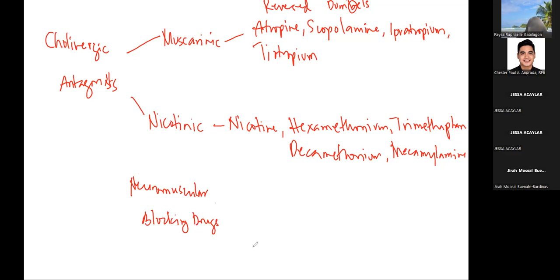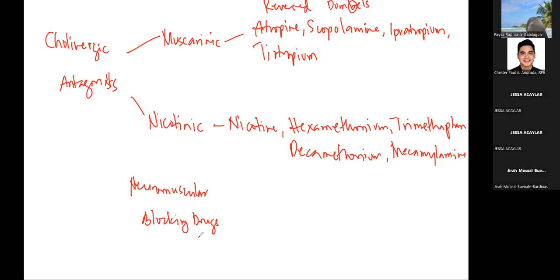So NM is the one at our neuromuscular junctions, that is what will be affected by these neuromuscular blocking drugs. Since acetylcholine does not only work on the muscarinic receptors, it also works on memory and at the same time in our muscles.